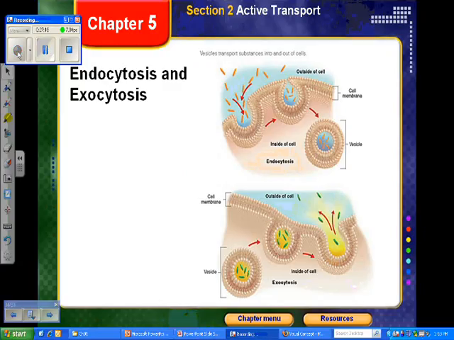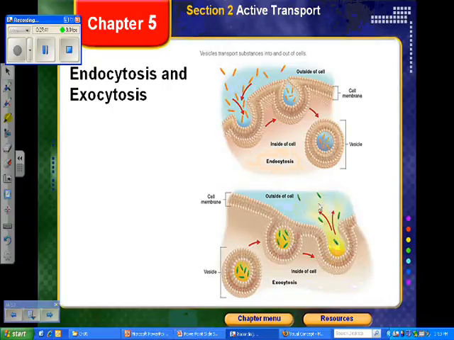I think you have this in your packet, but if you see these pictures showing something going into the cell, and we're talking about large particles here, this would be phagocytosis. We don't see just a liquid. If it said it was dissolved or if it was a liquid, then it would be pinocytosis. And the opposite of that is when these are moving to the membrane and exiting the cell.